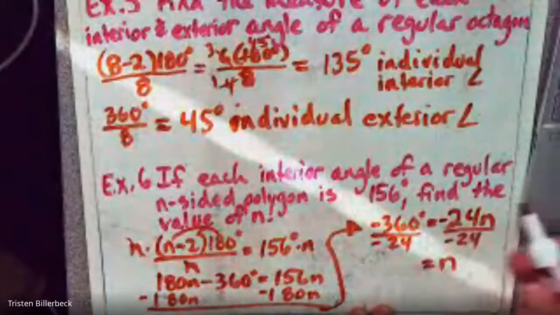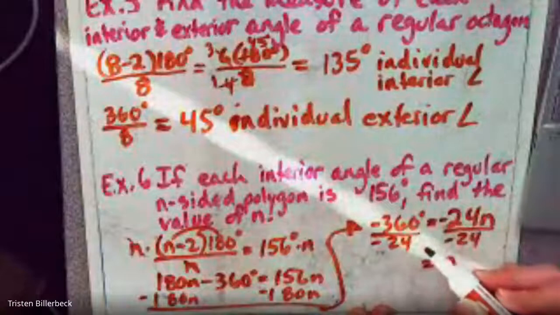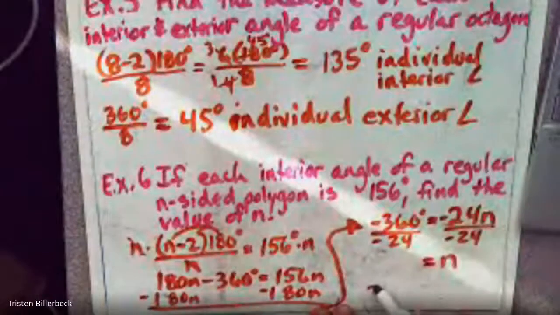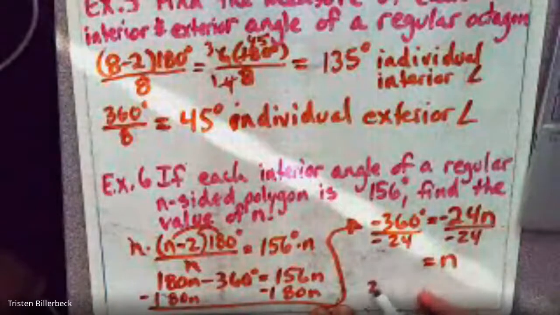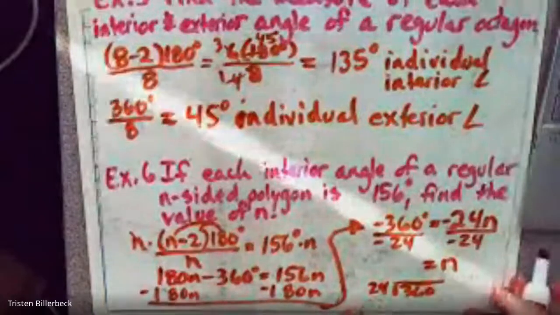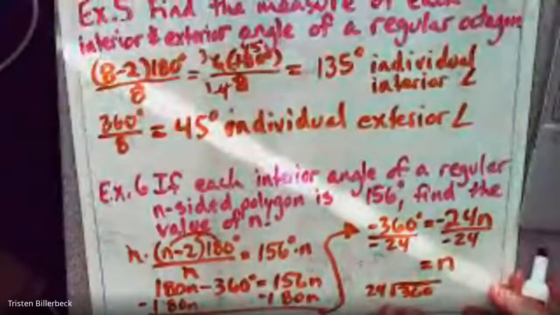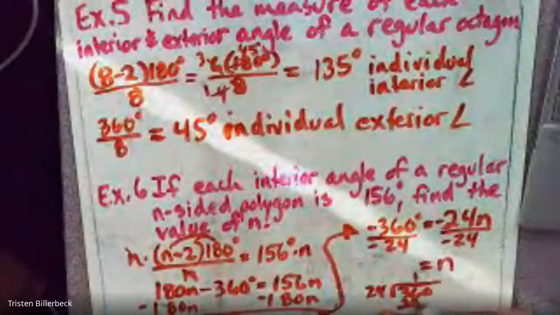So 24 into 360. Well, let's use a dry erase calculator. Well, let's start guessing. So we have 24 into 360. We know that there's at least 1 in here, so 24.